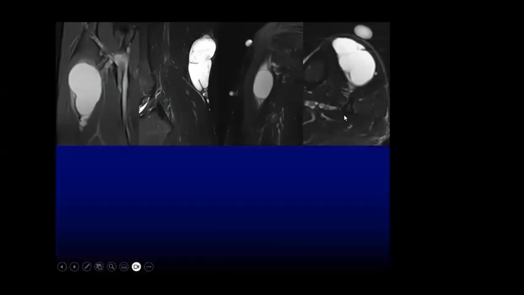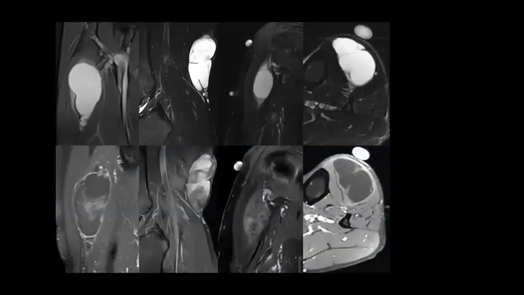But if you remove the contrast, they all look very similar. Really, MRI as an imaging modality does not have a major role in characterization. And as I mentioned earlier, the major role for MRI is local staging, not characterization.